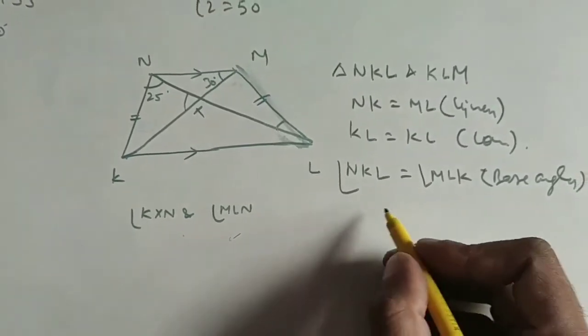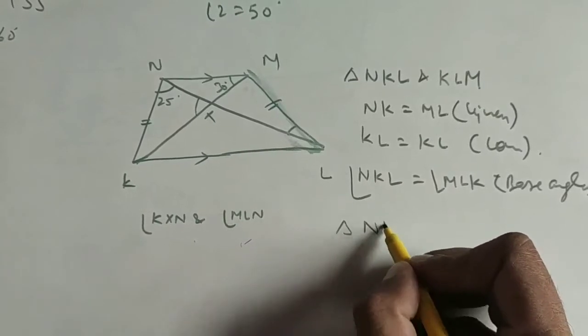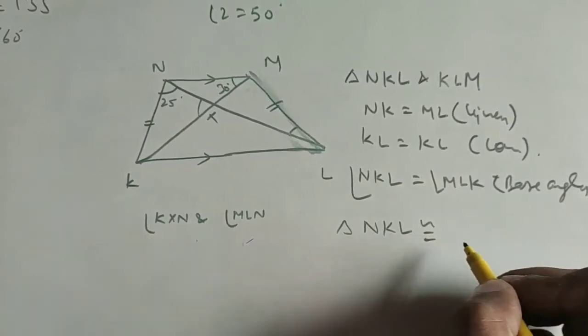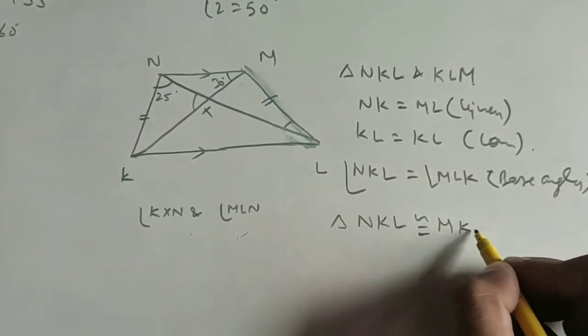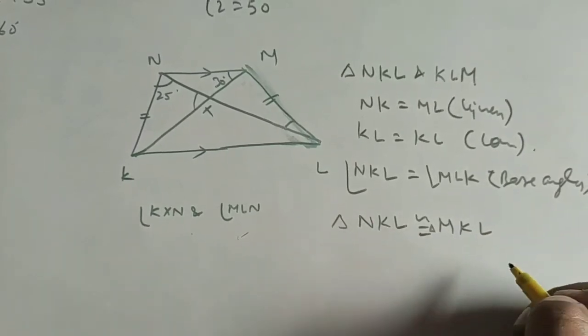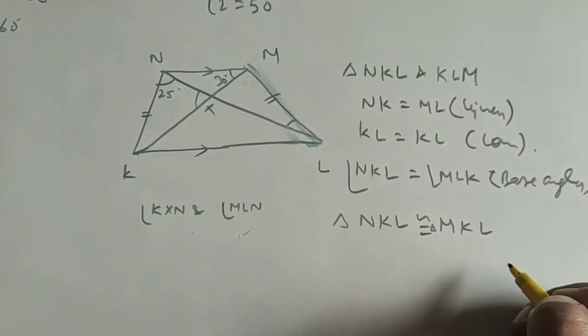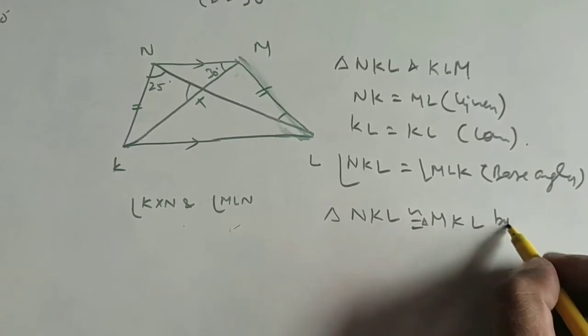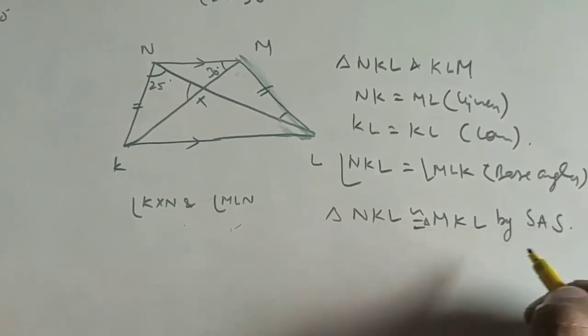So these are equal. So triangle NKL should be congruent to MLK. NKL and MLK are congruent by side angle side criteria.